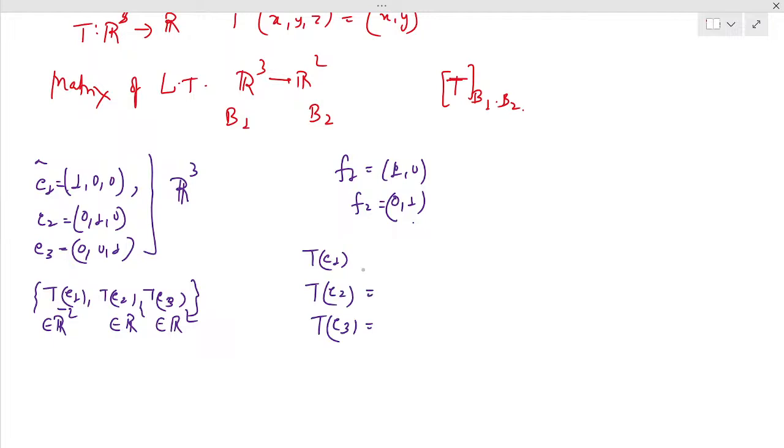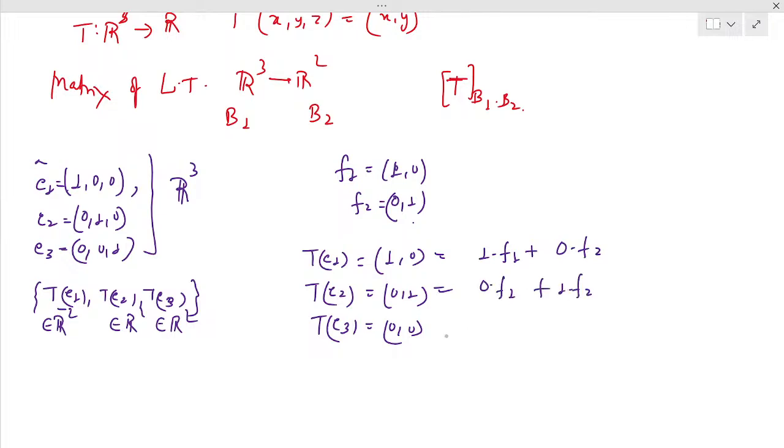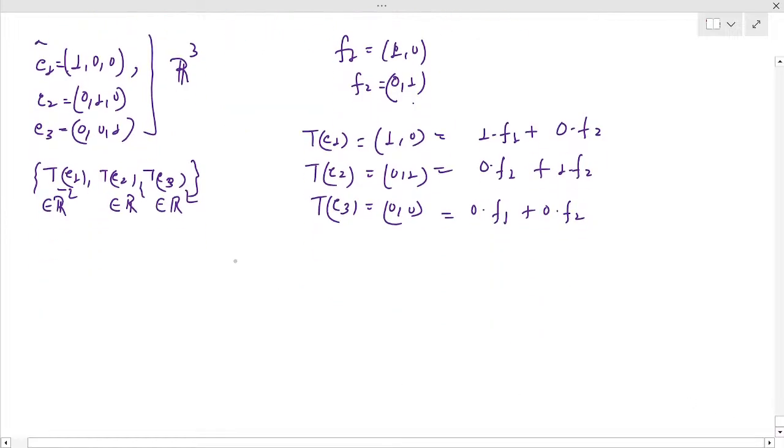What would be Te1? It would be (1, 0). What would be Te2? It would be (0, 1). And what would be Te3? It would be (0, 0). So I can write it as 1 dot f1 plus 0 dot f2, then 0 dot f1 plus 1 dot f2, and 0 dot f1 plus 0 dot f2.